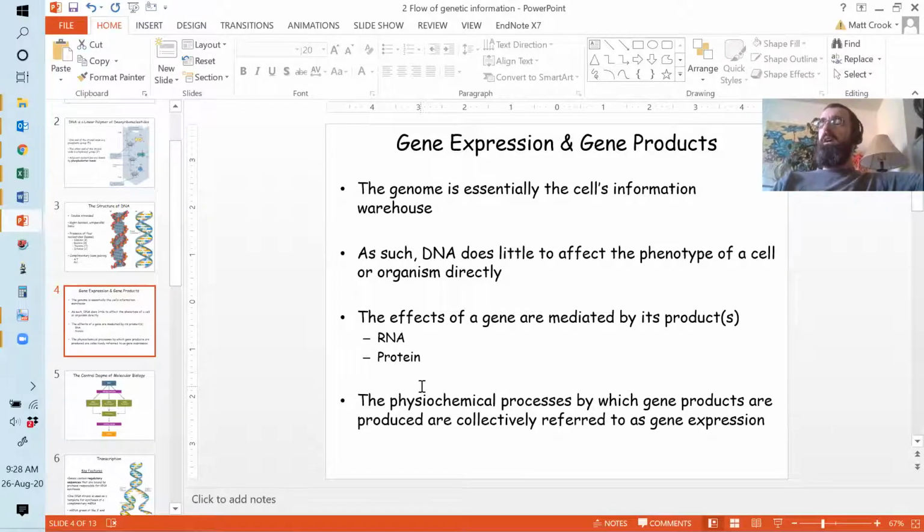And it will produce enzymes which will break ethanol down into something less harmful. All of that is done by essentially the control of gene expression.